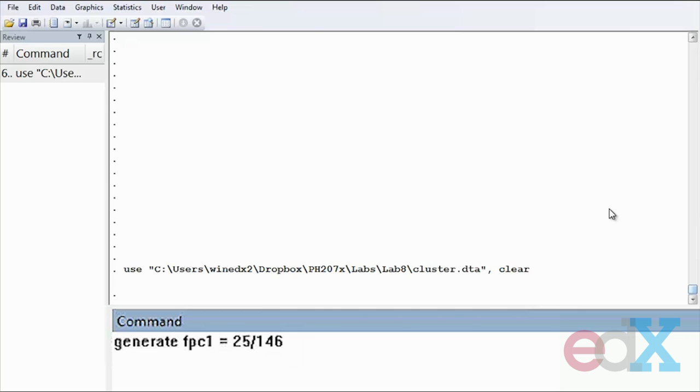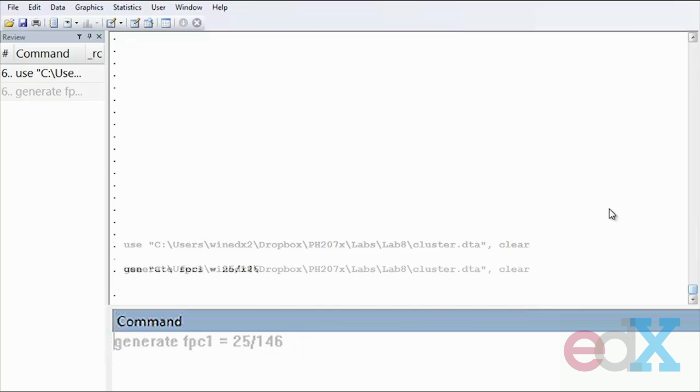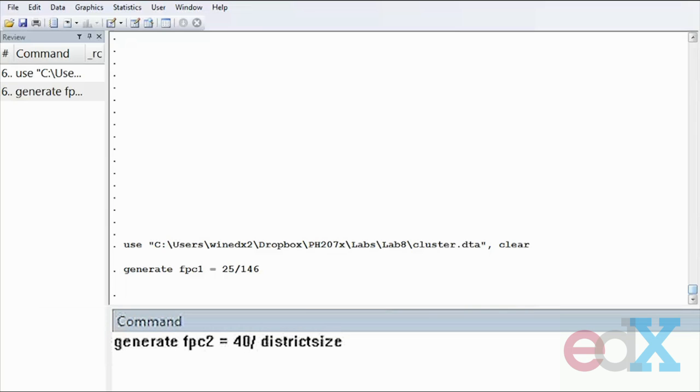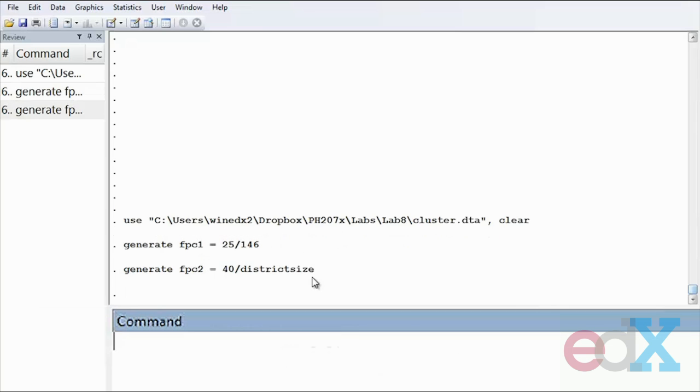Our first finite population correction is simply 25 over 146. Now we generate FPC2, which is going to be 40, the number of people sampled per district, divided by the district size. To get our survey weights, we multiply and invert the two finite population corrections.